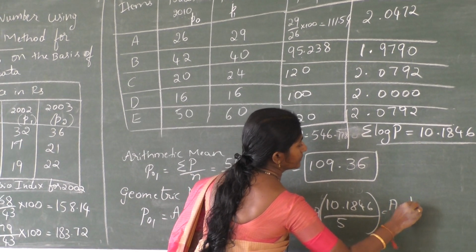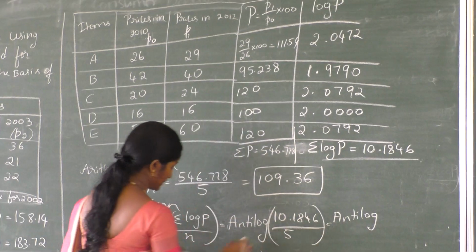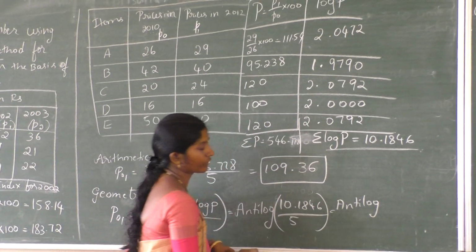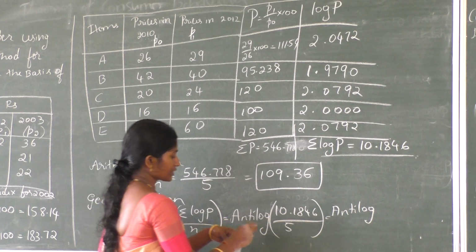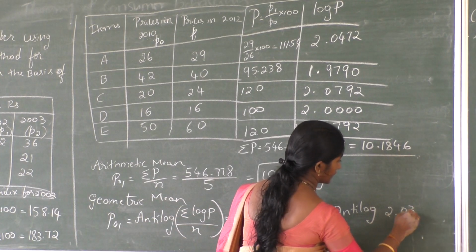Divide these two: 10.1846 divided by 5, your answer becomes 2.03692.